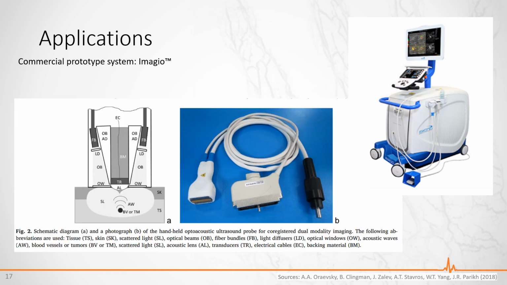In the diagram of the probe, you can see the normal ultrasonic transducer in the middle, in the center of the probe, and the optical fibers to the left and the right that illuminate the skin and the target below the skin homogeneously.